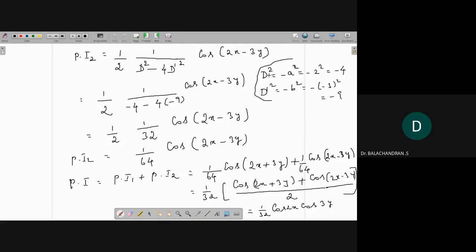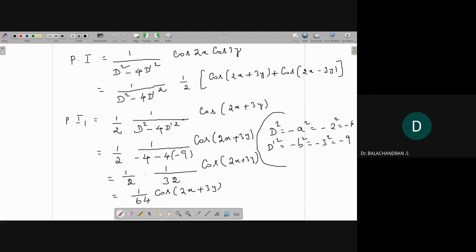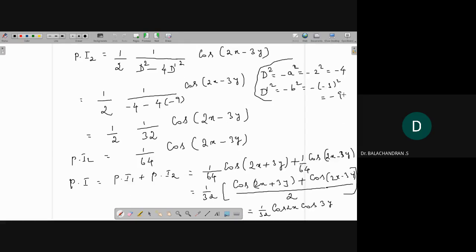Again, D square equal to minus a square, where a is 2, so 2 square, that is equal to minus 4. D dash square equal to minus b square, so b is minus 3 whole square. Again, you get minus 9. So here also D square equal to minus 4 and D dash square equal to minus 9. So the final answer is same, the constant is same, you can check it.